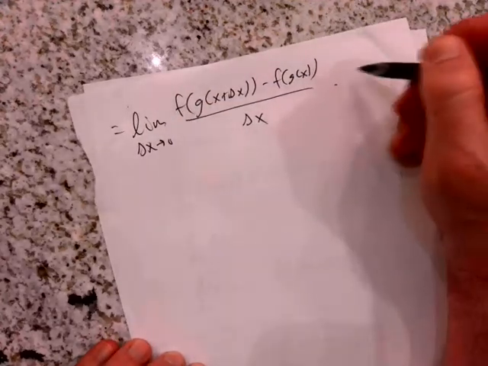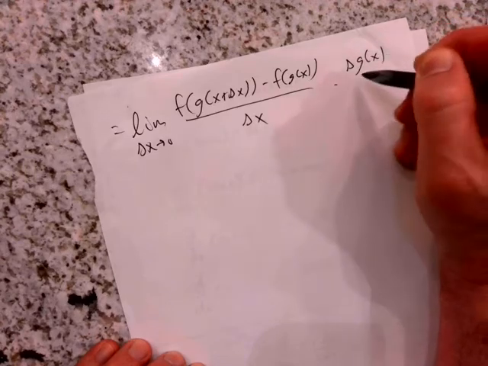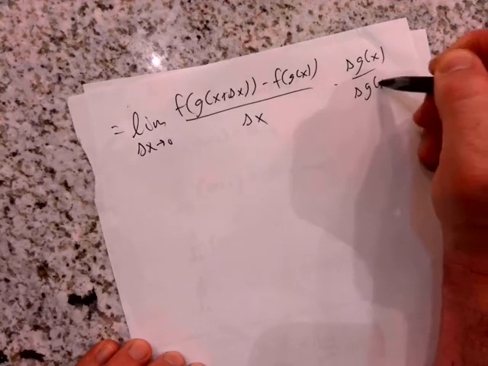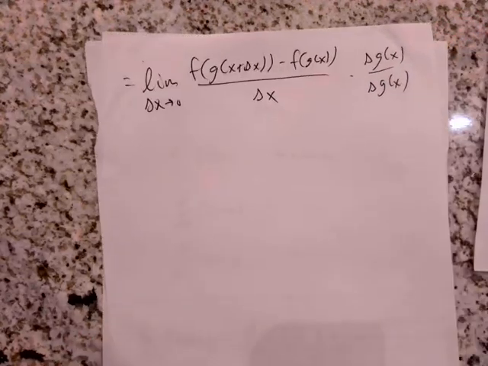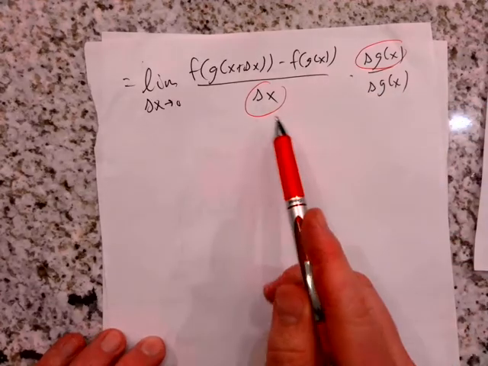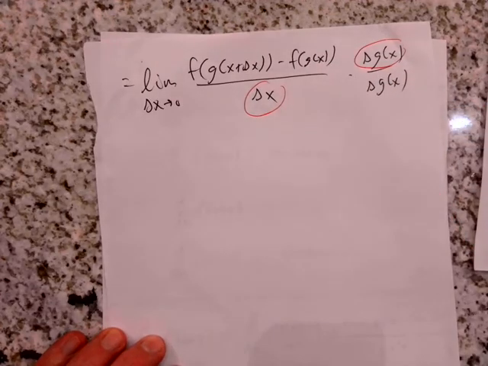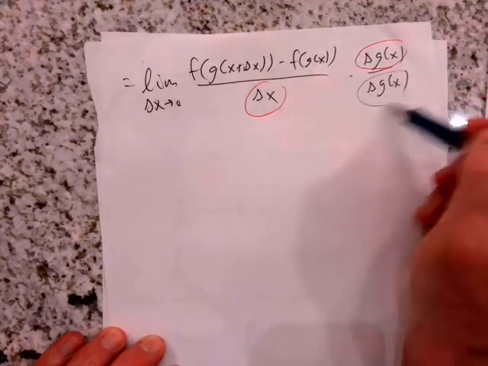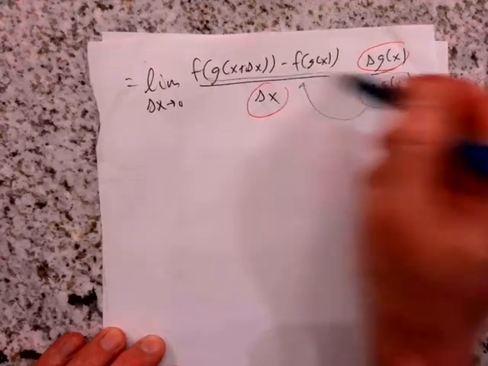And we're going to multiply by delta g of x over delta g of x. It doesn't change the value since we multiplied both the numerator and the denominator by it. Then we're going to rearrange our terms. We're going to put that denominator with that numerator, and we're going to put this denominator with that numerator.